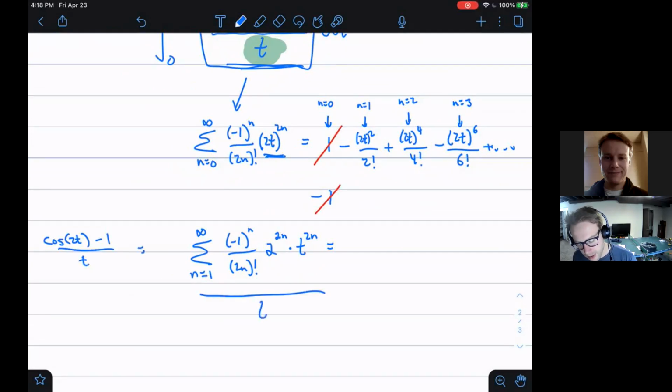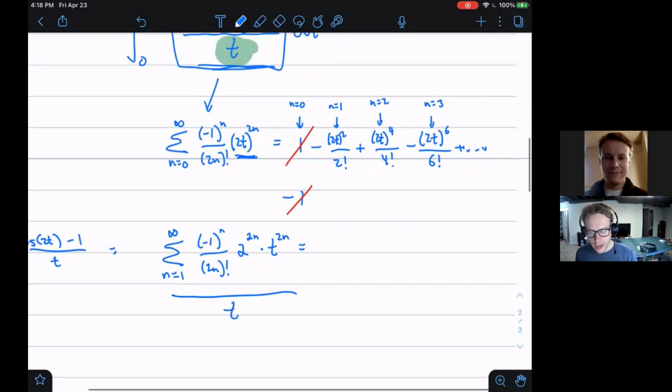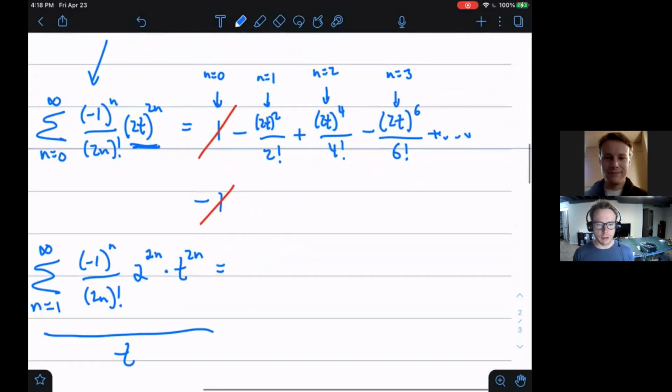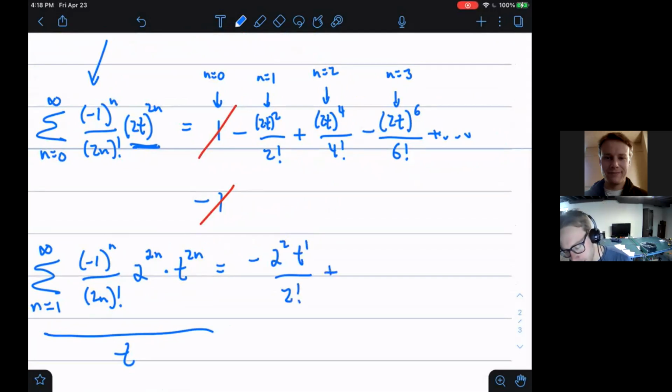Well, we need to take this and divide it by t. And again, maybe if I was to just look at my first couple terms here and divide by t, this is going to be 2 squared and t to the first power, right? Because I've divided by t. And then here, this is going to be 2 to the 4th power and t cubed, right? One of the t's goes away because I've, again, divided by t. And maybe one more here, 2 to the 6th power.